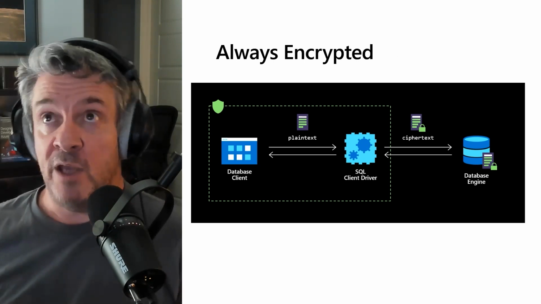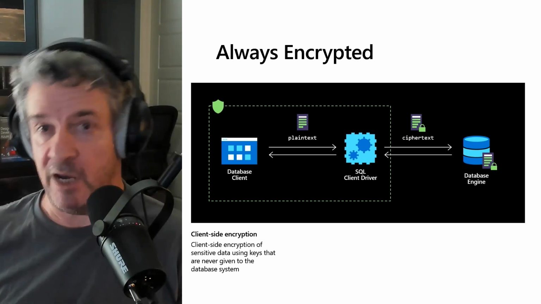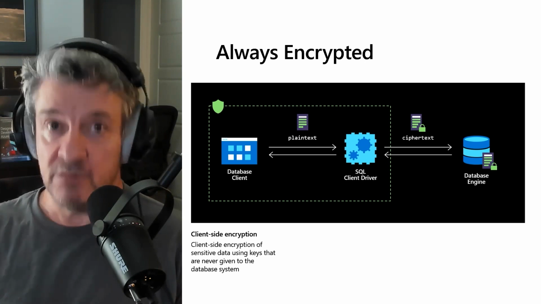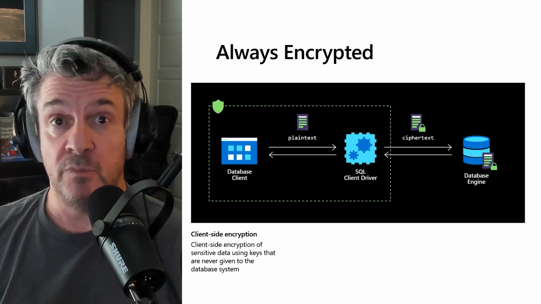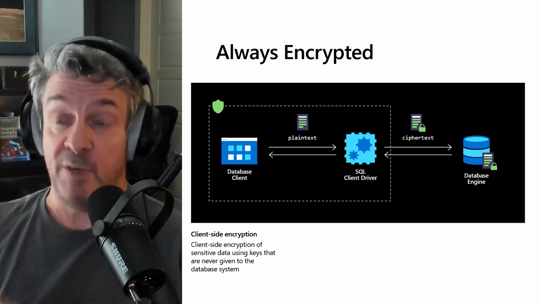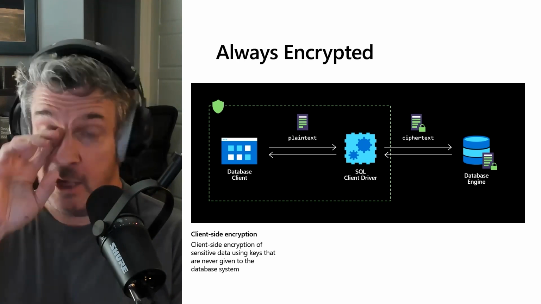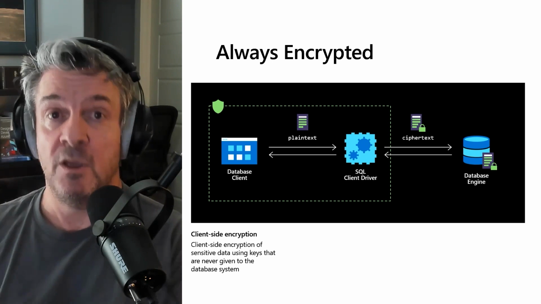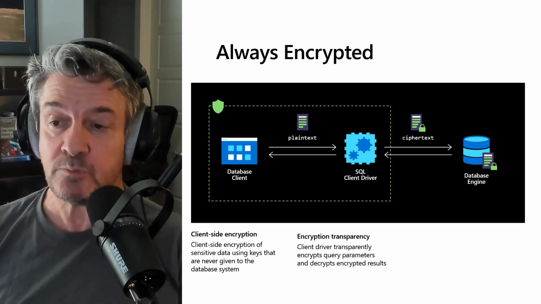When the client code wants to insert a new row, and part of that is the social security column, that cell will actually be encrypted by the driver, not by your code, but by the driver. So when you do insert, social security number equals whatever, that column is automatically encrypted by the driver, and then sent up to the server where it is stored.